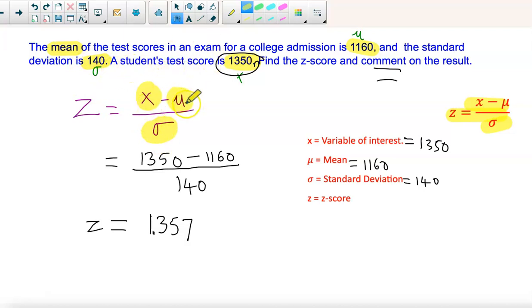You took the difference of those two and divided by the standard deviation. That gives you the number of times that standard deviation is occurring for that number 1350. And it is a positive value. So you'll have to say that it is above the mean.